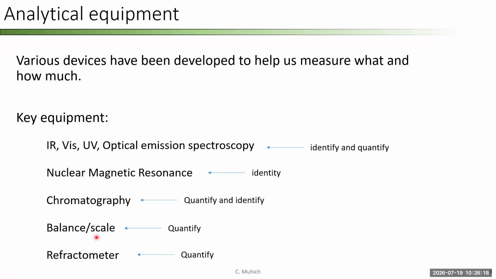Balances and scales are used for quantification, and things like a refractometer is usually used mostly for quantification. Over the next few slides, I'm going to take you through some of the key techniques within these different types of equipment, minus a balance or scale, as I figure you are familiar with concepts of weighing things.